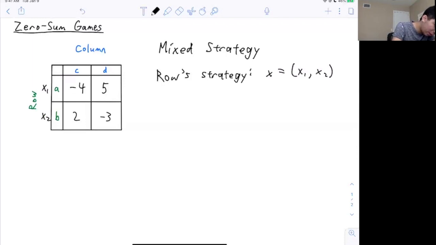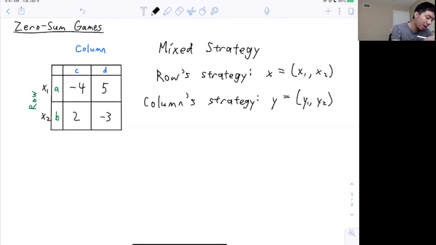And we can do the same thing with the column player, where it's represented by two numbers, y1 and y2. So this is a randomized strategy. The row player is picking A with probability x1 and B with probability x2.